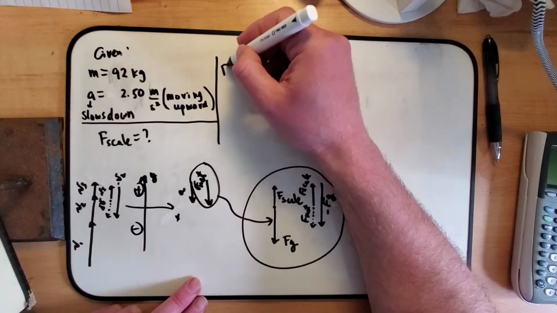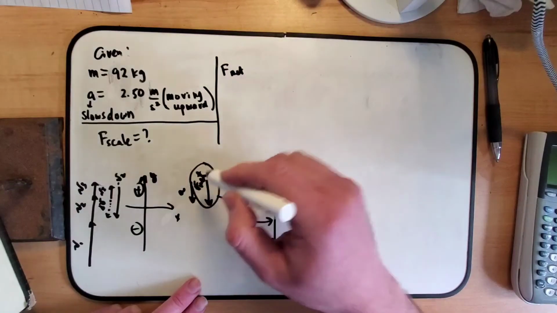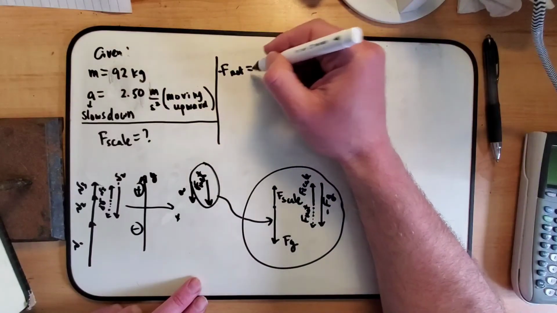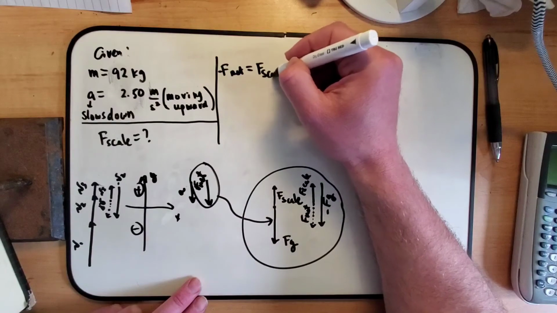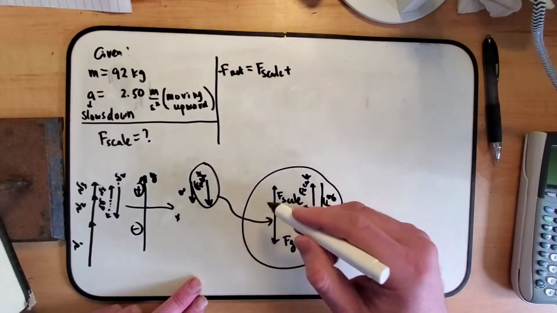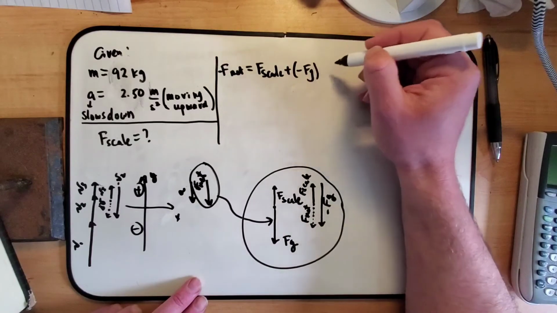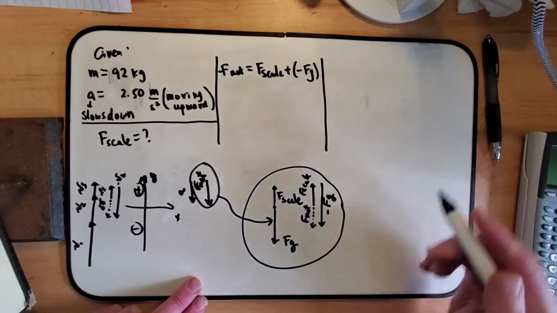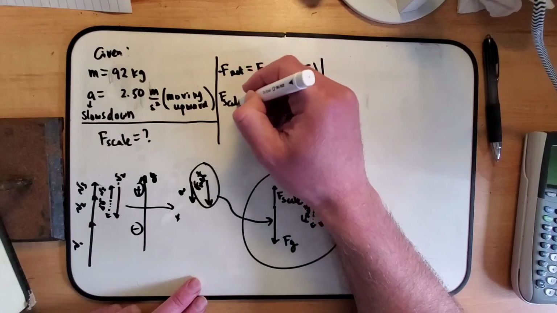I always put F net first, but in this particular case, it is pointing to the negative direction. I'm going to put a little negative here, and that equals F of the scale, which is pointing to the positive direction, plus, and then this F sub g is negative F sub g. It is pointing into the negative direction here. All I have to do now is to find F scale.